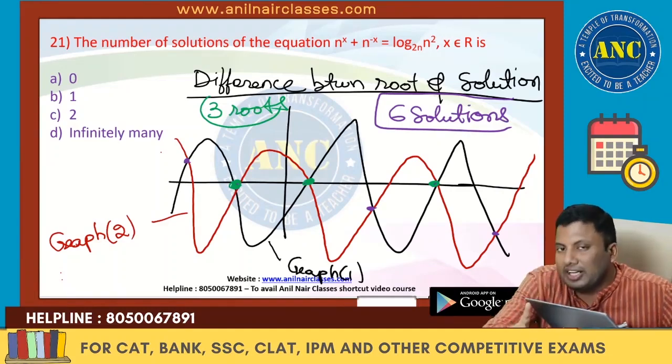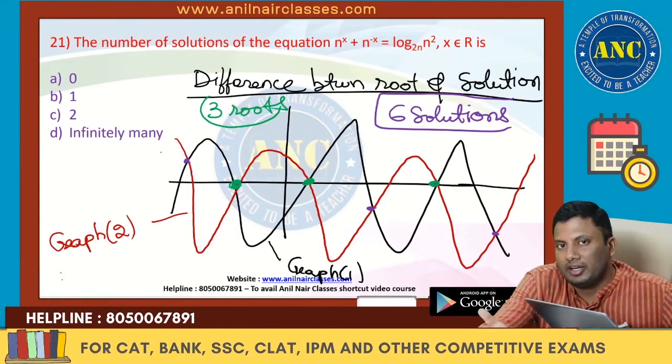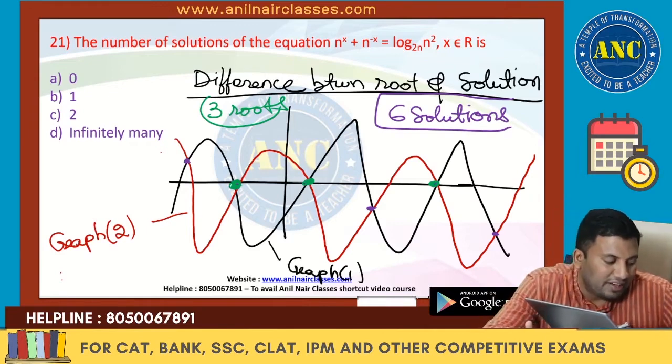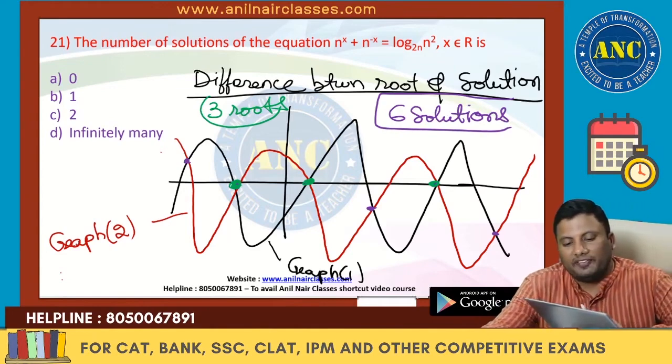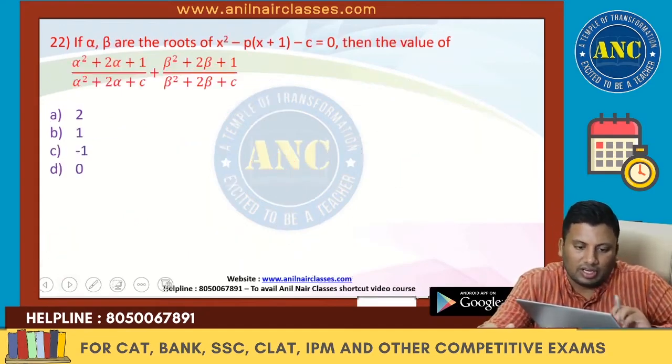If it does not touch the axis, then it is not a root. A solution may be a root, but a root is always a solution. I hope it is clear.